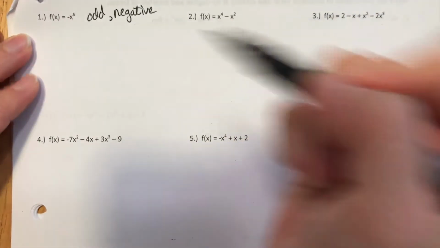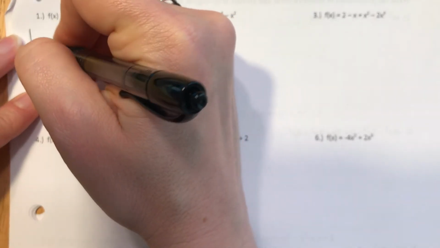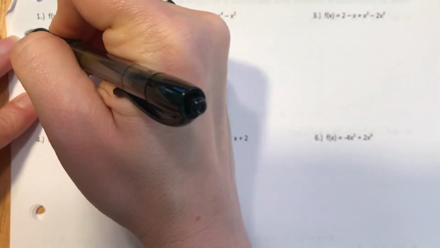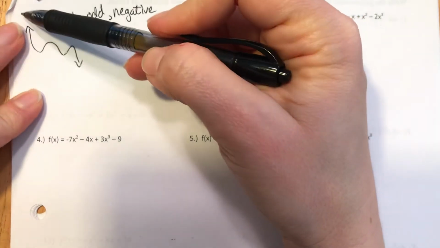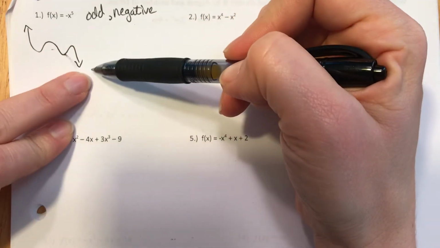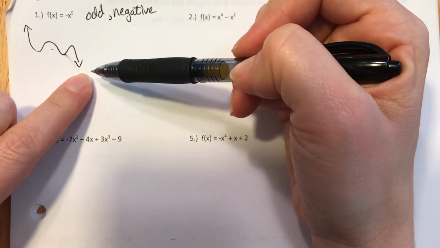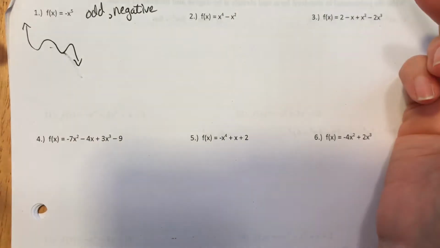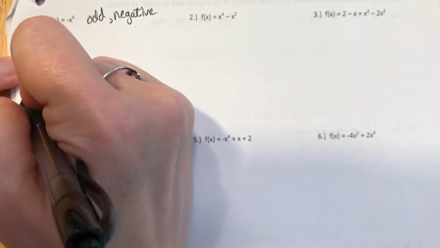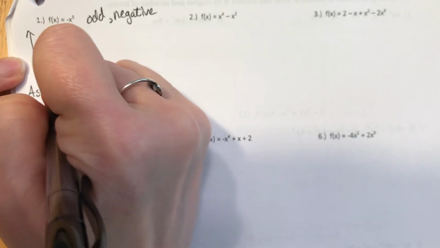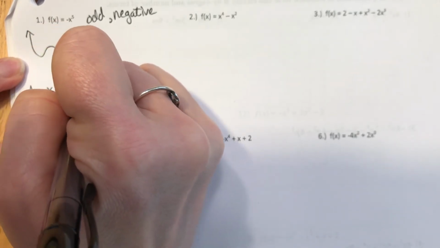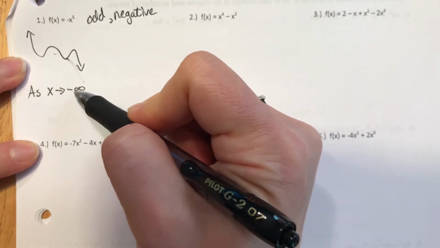If it's an odd negative, that means it could be something like this, where it's up on the left and it drops. So to the right it drops. Now we need to write it in our notation. As x goes to the left, negative infinity, what happens?